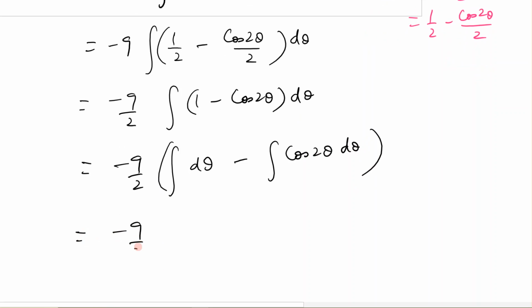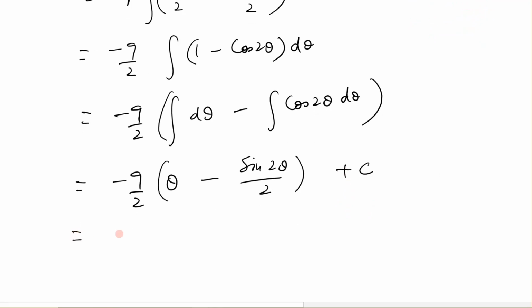So -9 over 2 theta minus integral of cosine 2 theta would be sine 2 theta over 2 plus c. So we get -9 over 2 theta plus 9 over 4 sine 2 theta plus c.